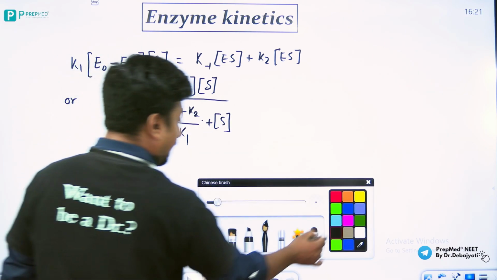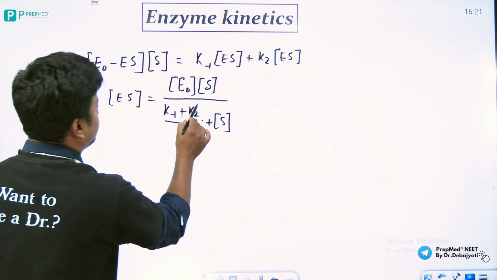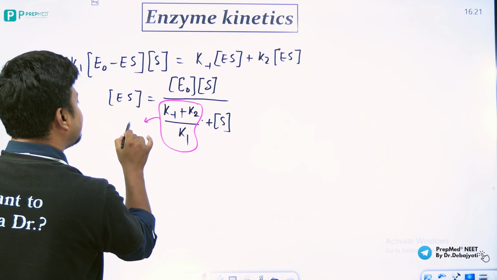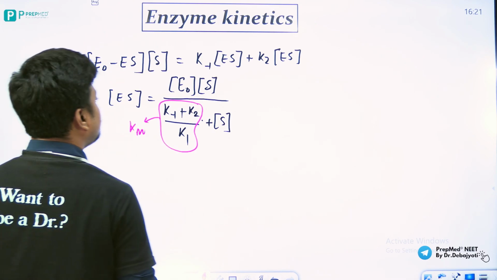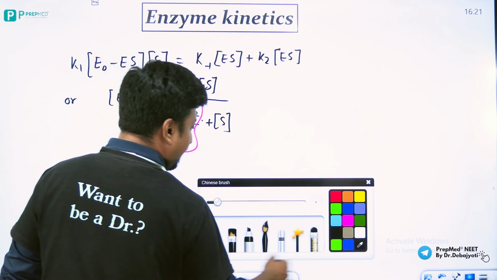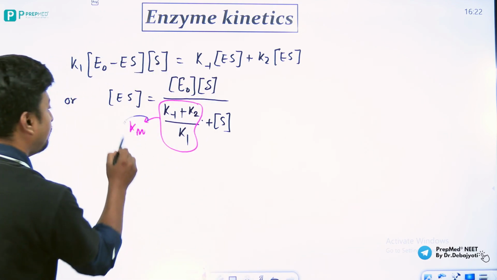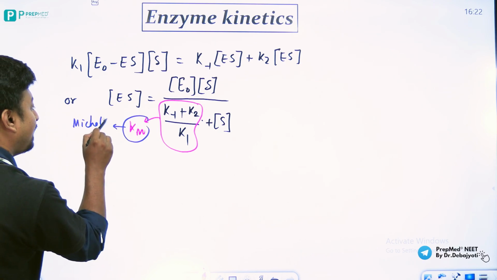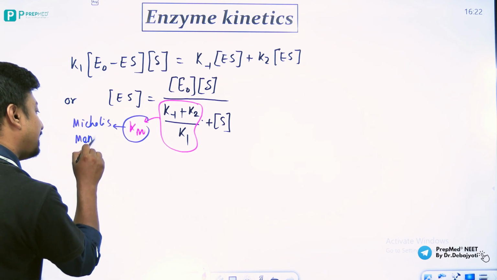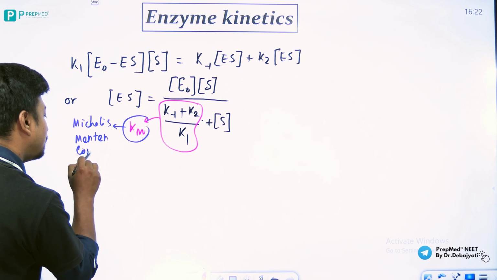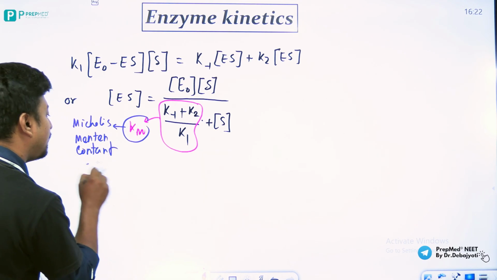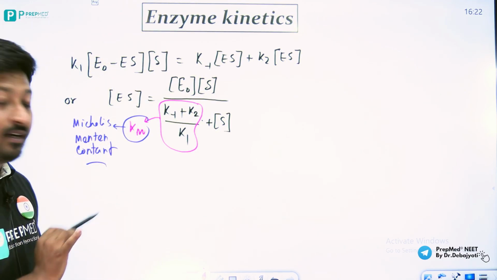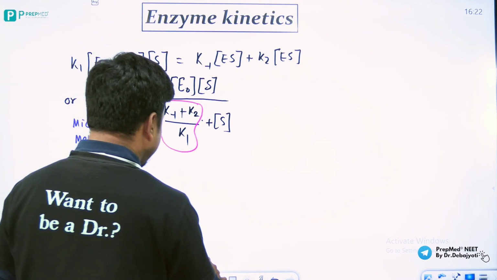Now if you look very carefully, this (K minus 1 plus K2) divided by K1 is known as Km, the Michaelis-Menten constant, which you will encounter several times when you talk about enzyme biology.